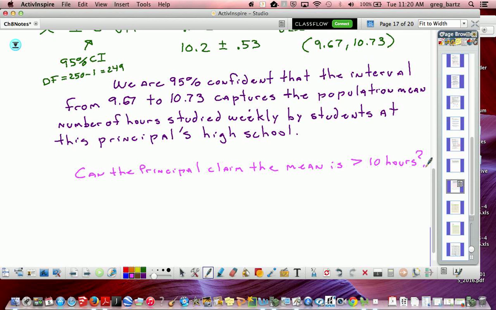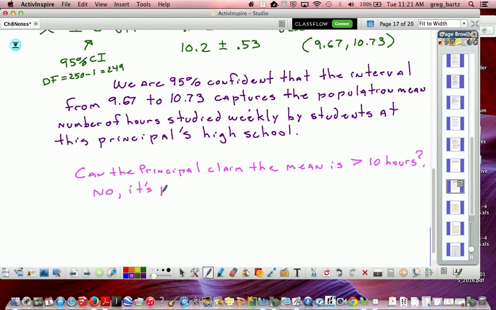Well, is it possible in our interval, or let me rephrase it this way. In our interval, are all possibilities greater than 10? No. We could have a mean that's less than 10. So, what could we say about the principal's claim? Can the principal claim this? No.